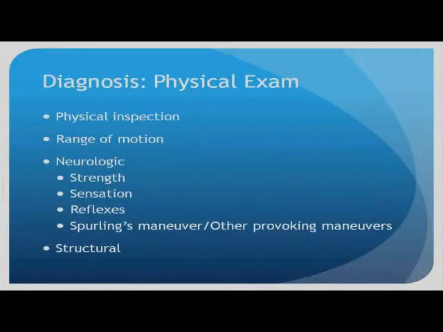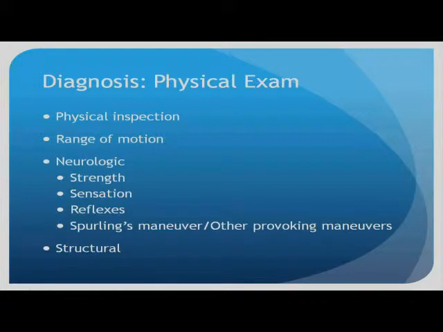So you always want to do an overall physical inspection, make sure you palpate the cervical spine and the neck itself for other structures. Make sure you feel the thyroid and feel for lymphadenopathy. Look at your global range of motion both for the region and also your segmental range of motion on a vertebral level.